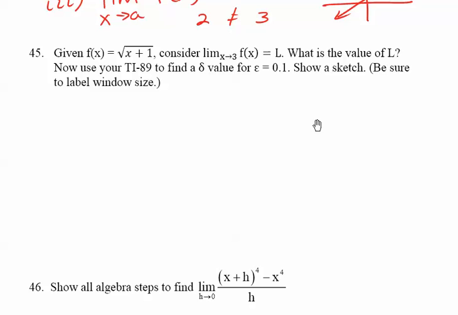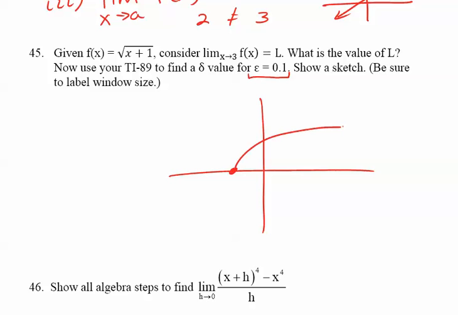All right, so now we need to do our tolerance window for a delta value if we want to use an epsilon value of 0.1. So our graph is a common function. We know what our graph looks like, and perhaps I'm going to exaggerate. We know it's actually a slow riser.